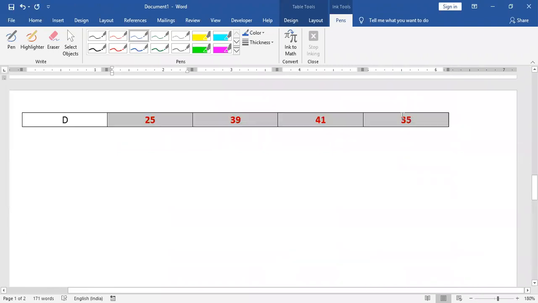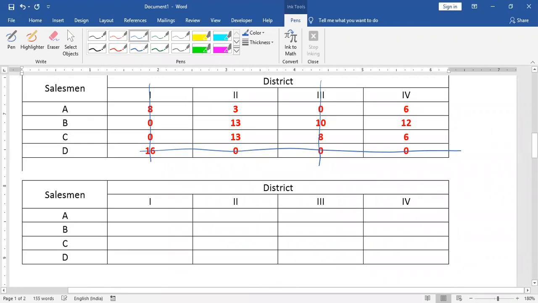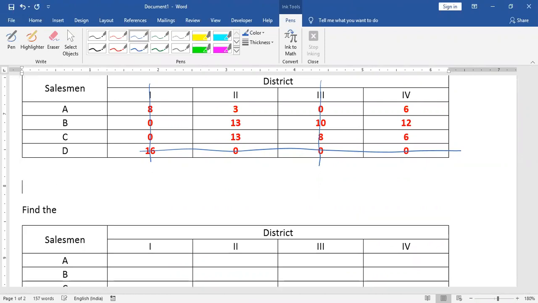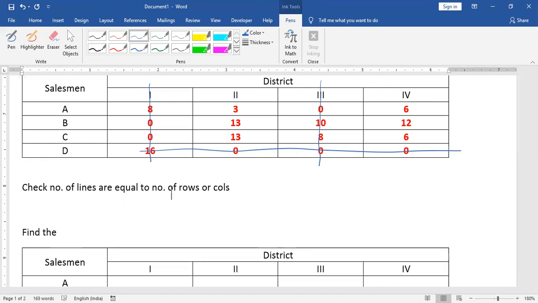Then what we have to do is check whether the number of lines is equal to the number of rows or columns, right?